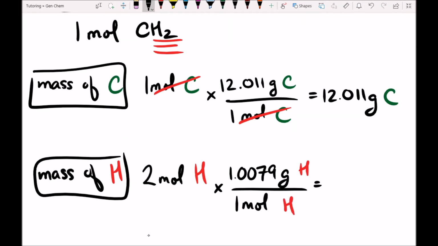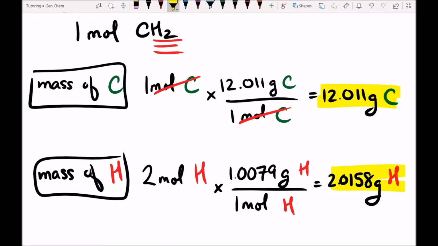And that gives us 2.0158 grams of hydrogen. So these are the individual weights of all the carbon atoms and all the hydrogen atoms in 1 mole of CH2. So in 1 mole of CH2 we have 12.011 grams of carbon and 2.0158 grams of hydrogen.